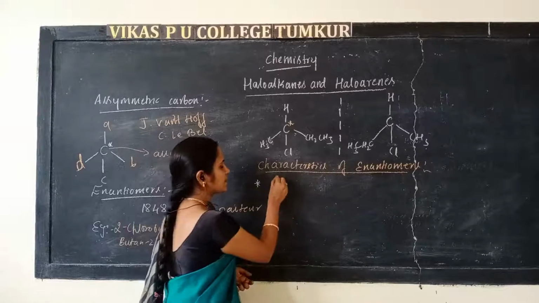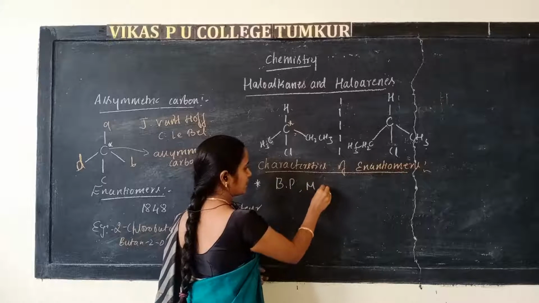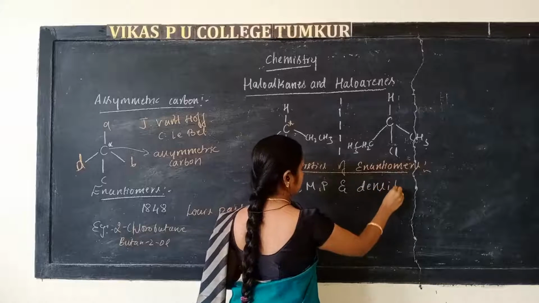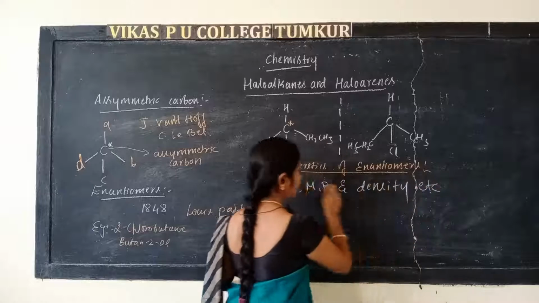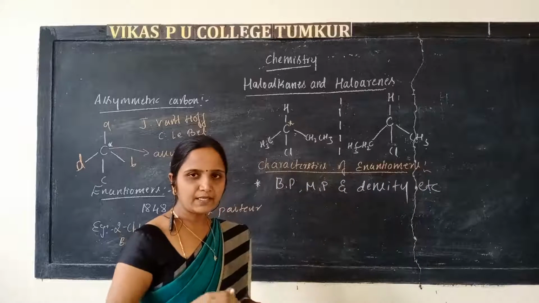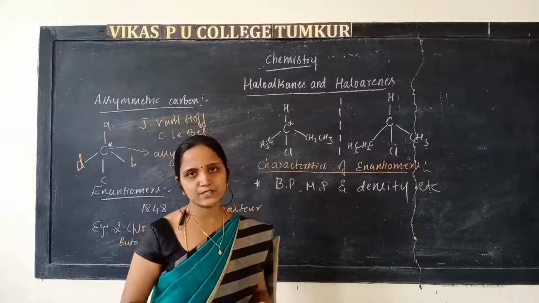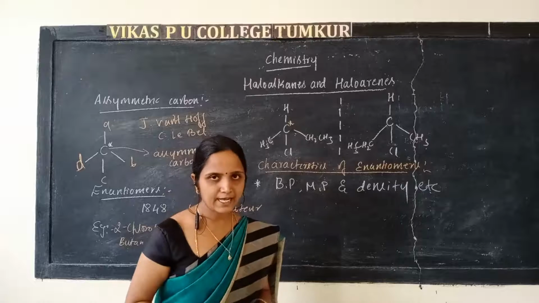Physical properties means boiling point, melting point, density, etc. They show the same physical properties, but rotate the plane polarized light equally in the opposite direction. This is the first characteristic of enantiomers.